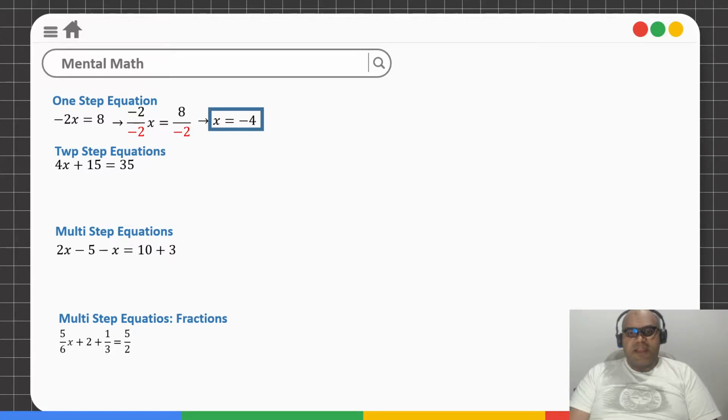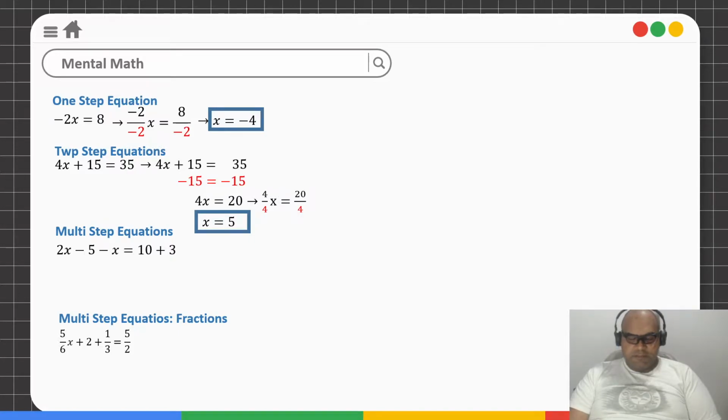The opposite of adding 15, as you remember, guys, is subtracting 15. We're subtracting 15 on both sides of the equation. We got 4x equals 20. And right now, where is the variable? What's the math operation tied to the variable? It is multiplying by 4. The opposite of multiplying by 4 is dividing by 4. And we got x equals 5.